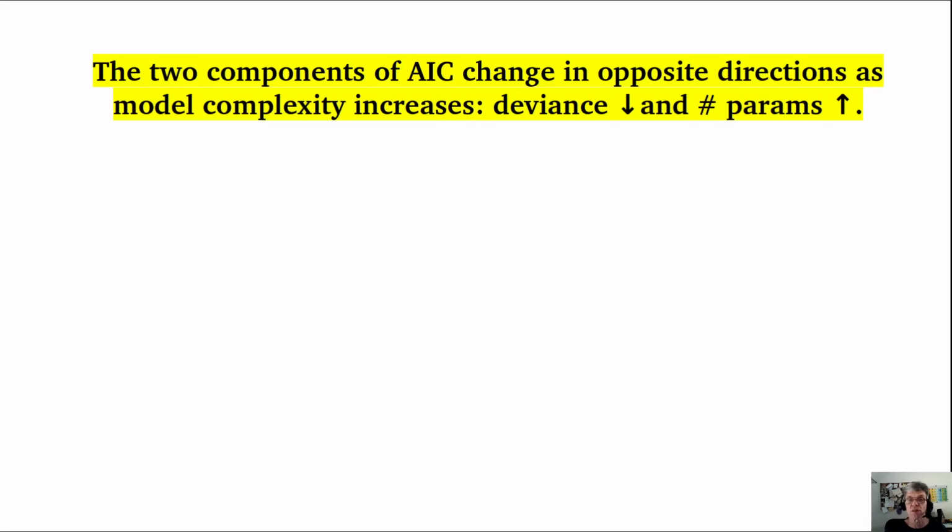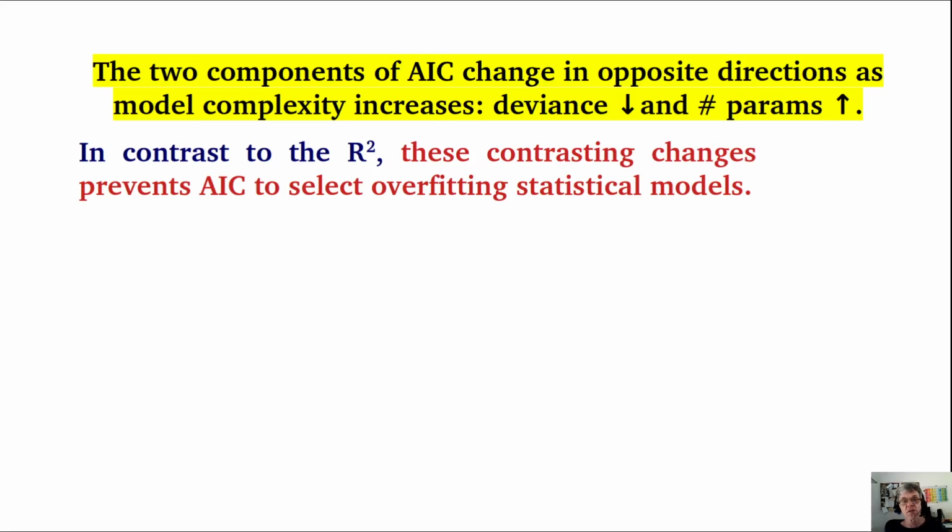So in contrast to the R squared, the contrasting changes in the 2 components of the AIC prevent overfitting and yield a balance between these aspects when selecting models.